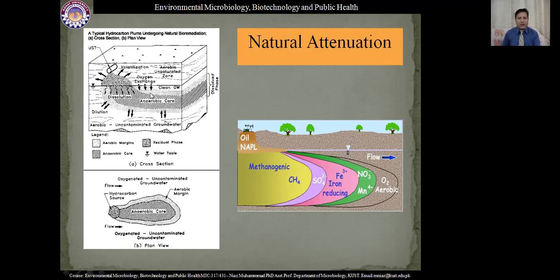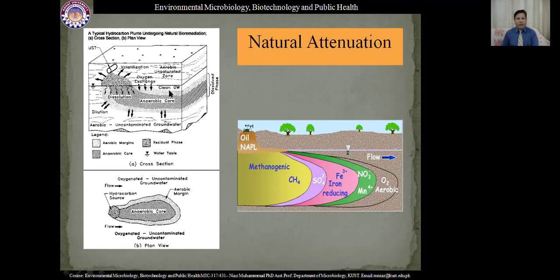Oxygen also will oxidize it. And the aerobic unsaturated zone also will try to decompose it, because it is a foreign substance for this soil. Existing microbial populations will also start to decompose it.